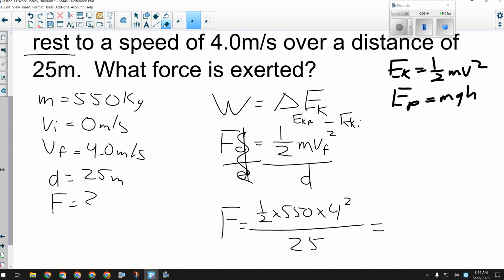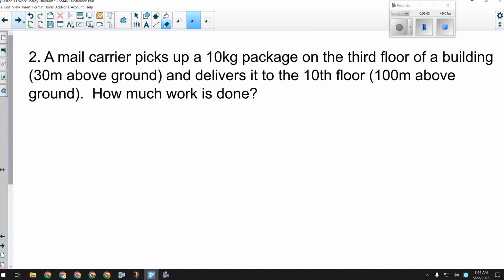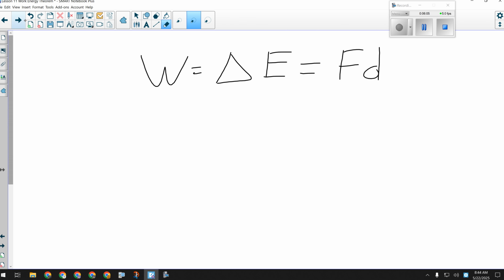Then we just expand. Force times distance equals final minus initial. Manipulate, solve. It's always the same pattern. It's why we're going to spend so much time doing questions like this, so that once you learn the pattern, you realize these are all kind of the same. All right, we did that one yesterday.